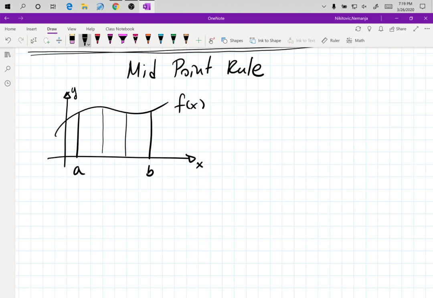So now, instead of picking a left point or picking the right point, we go into the middle of our delta x, and we go from there and draw our rectangle. And we do that for every rectangle.